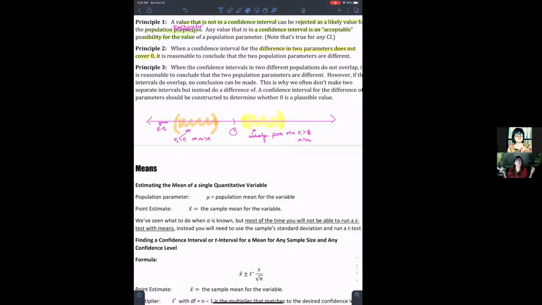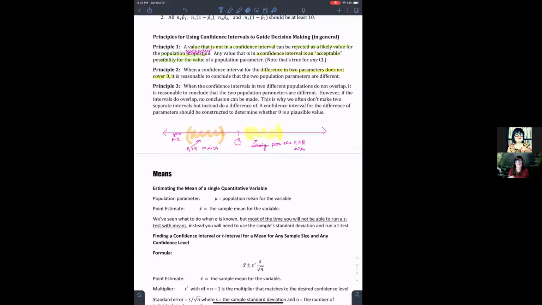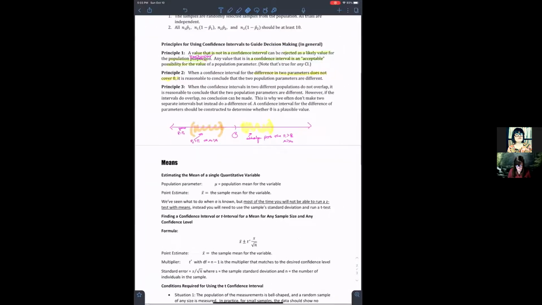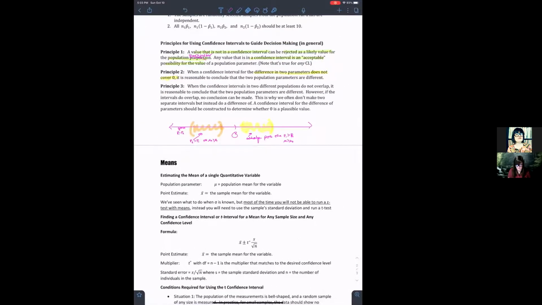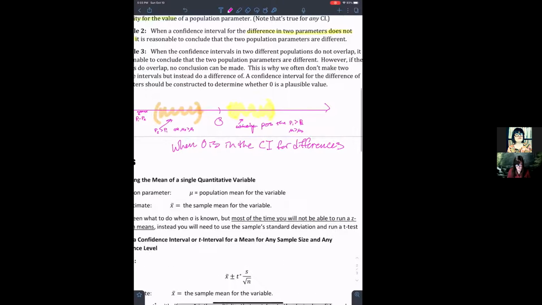We can't make a conclusion, which is why we usually just go straight to these differences of intervals. So what happens when we do this is that when 0 is in the confidence interval for differences, I want you to think about what that means.